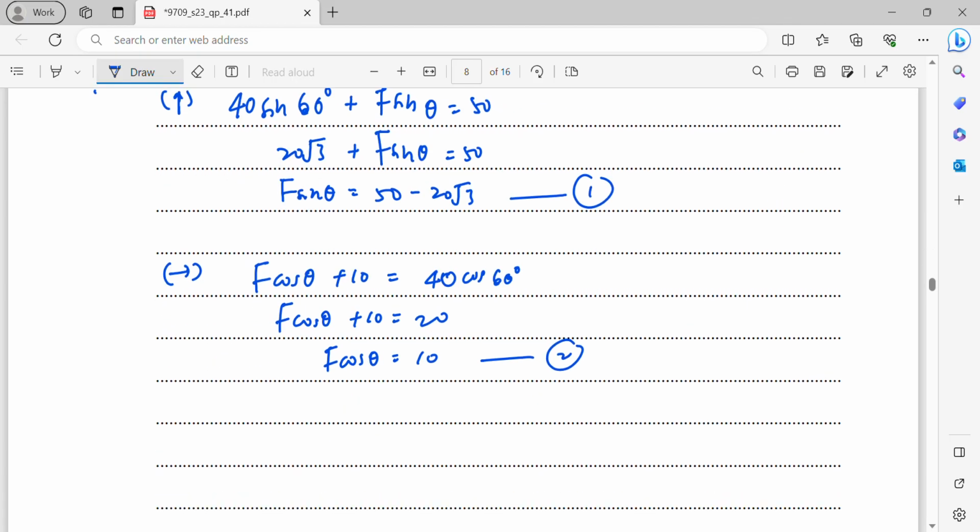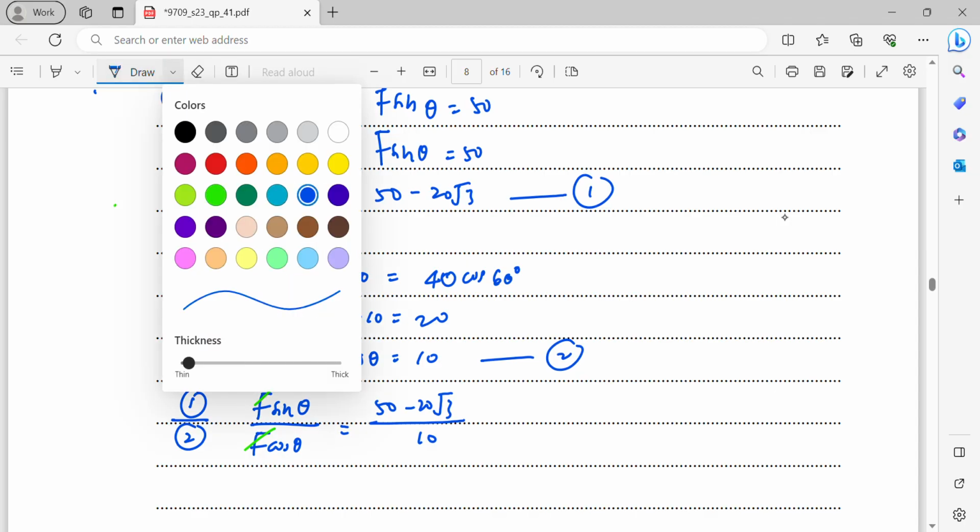Now I will use first equation over second equation. I will get F sine theta divided by F cos theta from the left hand side. The right hand side is going to be 50 minus 20 square root 3 over 10. So now for the left hand side, the F will be cancelled off. Then I will get sine theta over cos theta, which is tangent theta.